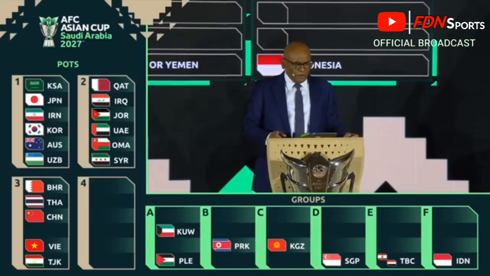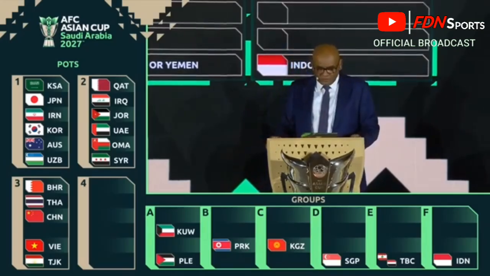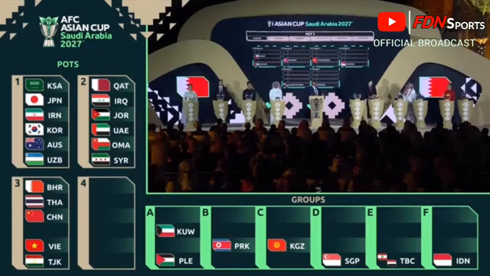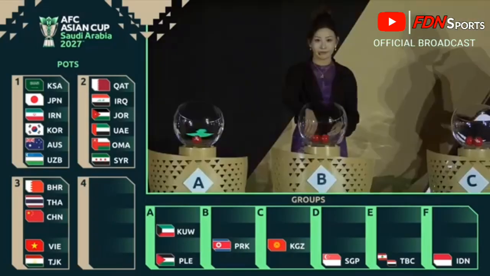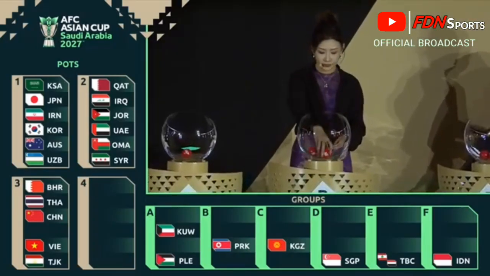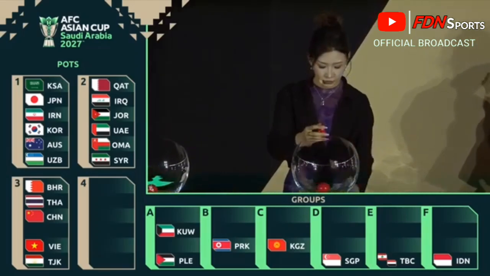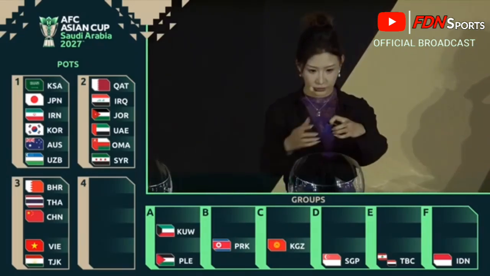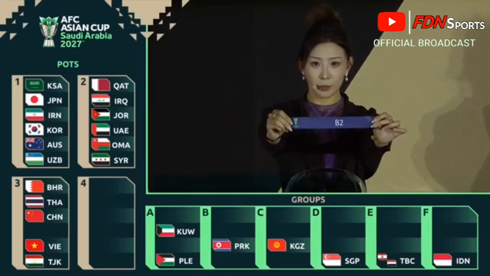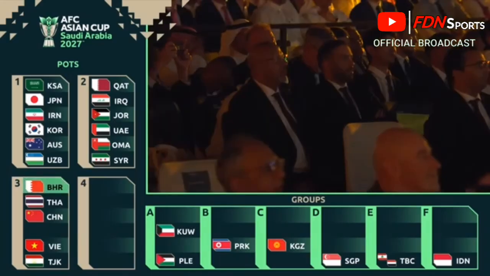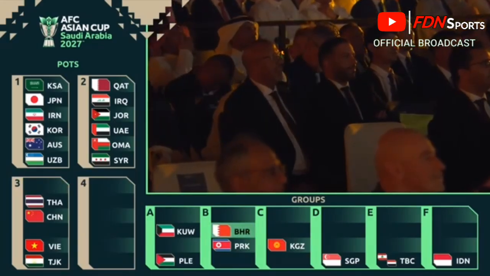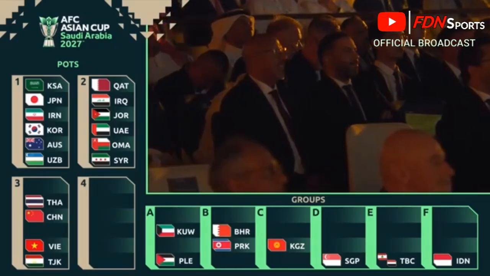They have reached the knockout stage in the last 2 editions, Bahrain. They will be in Group B. Let's look at the position. B2. B2, Bahrain in Group B, position number 2.